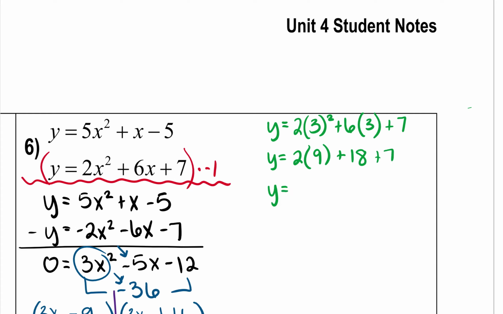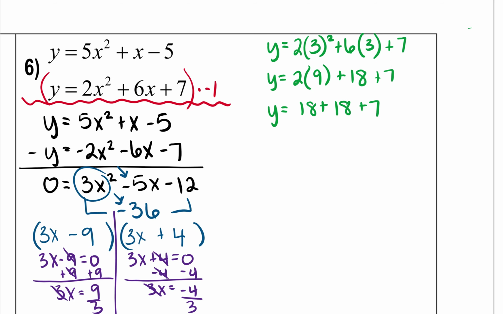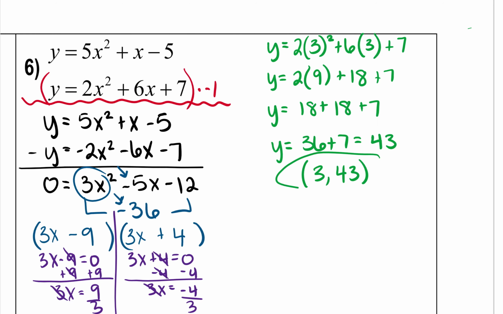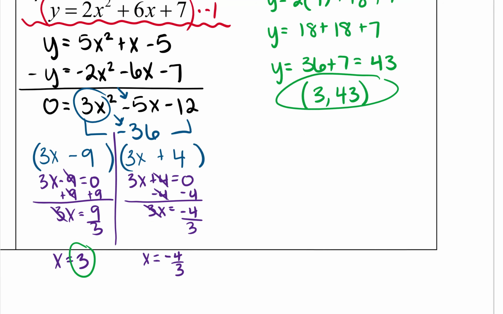So I have y equals 2 times 9 is 18, plus 18, plus 7. 18 and 18 is 36, plus 7 gives me 43. So for this answer, our x was 3 and the y we got was 43. So that's one answer.